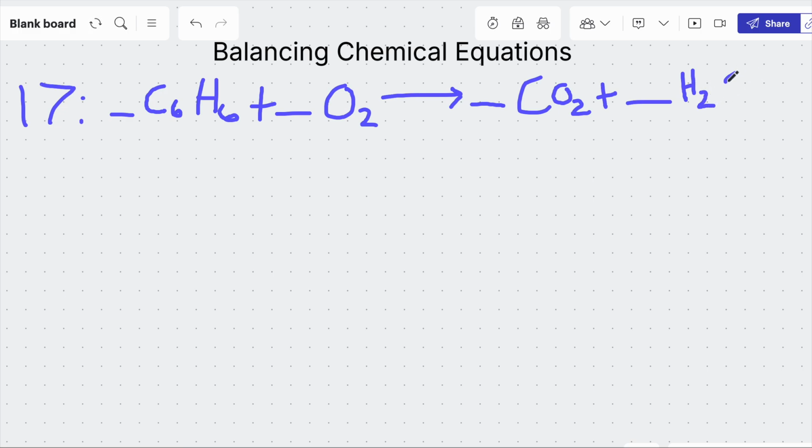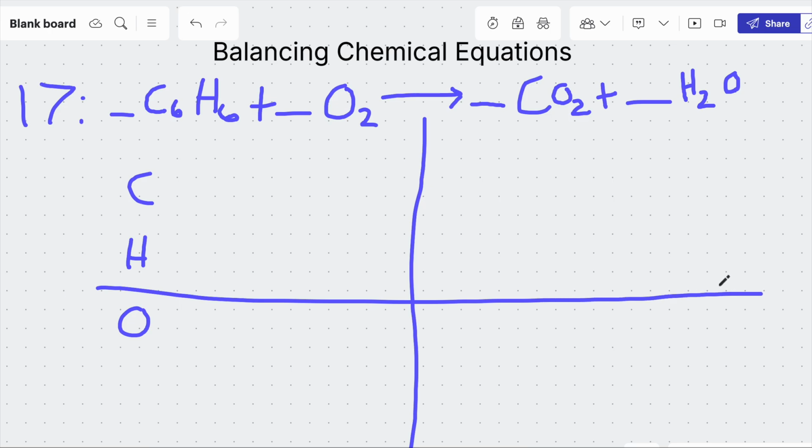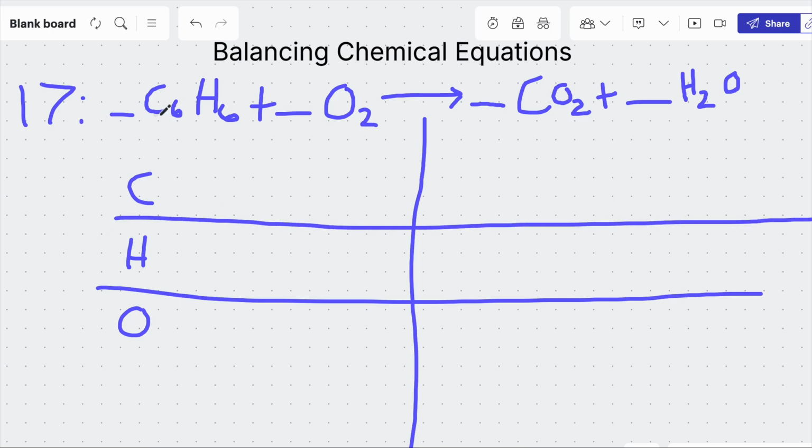Okay. So when it comes to combustion reactions, there is a formula to just figure this out, but I think it's a little simpler to just do it. So let's figure out what kind of atoms we got here. We got C's, we got H's, and we got O's. Sweet. So let's count our stuff on this side first. We got 6 C's.